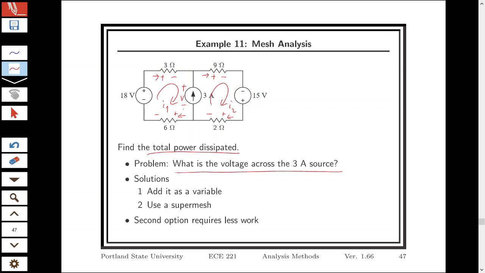So there is no explicit VI relationship here. So then V remains as a variable here. So such conditions are called super meshes, as we'll see in a moment.